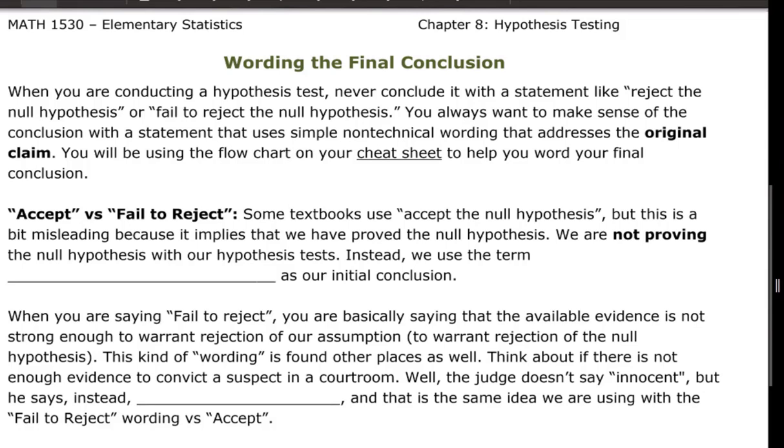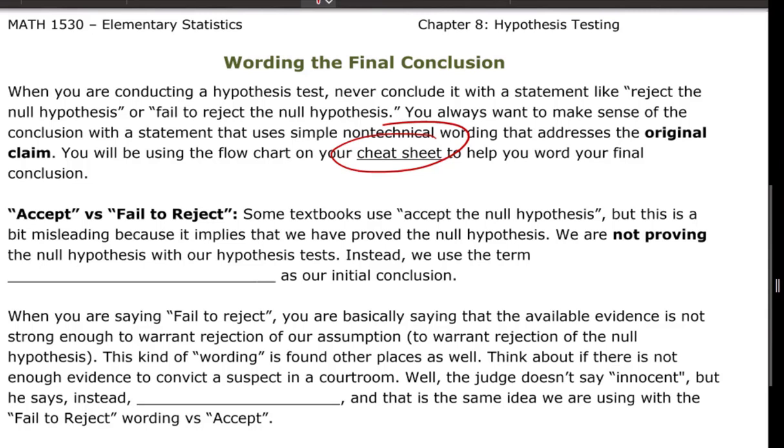Something that addresses the claim you were trying to test the hypothesis of. So what we're going to do is use the help of a cheat sheet, which is in your notes on the next page. You're going to use it to help guide you to the final wording that will be your solution for your homework or whatever.